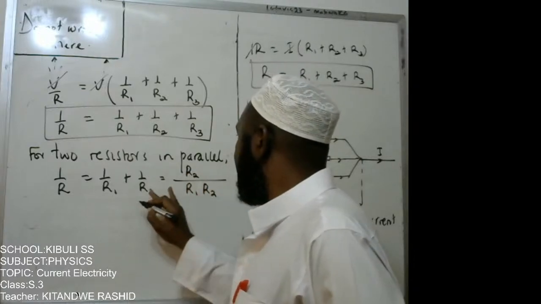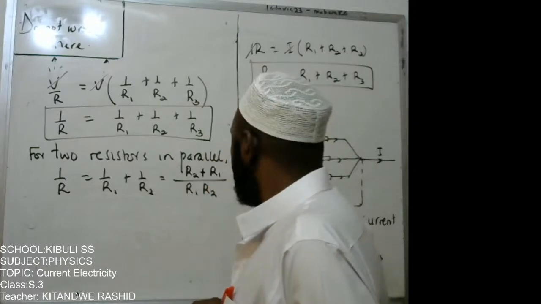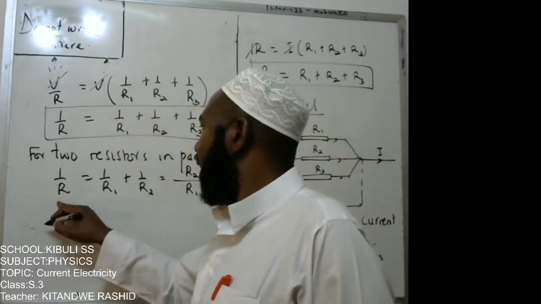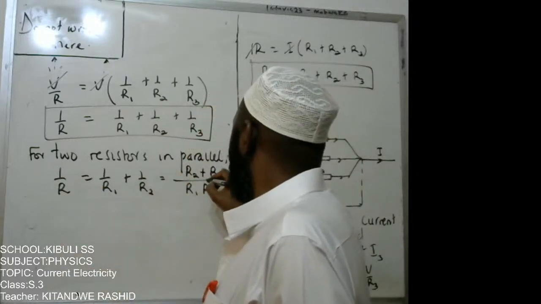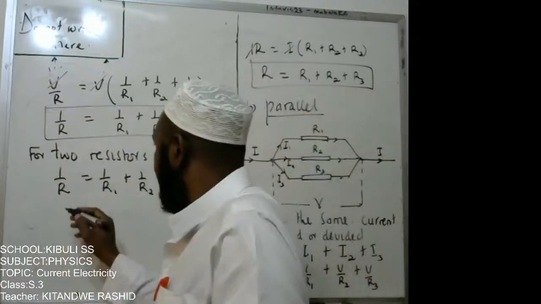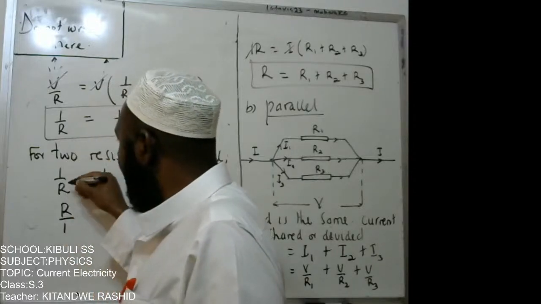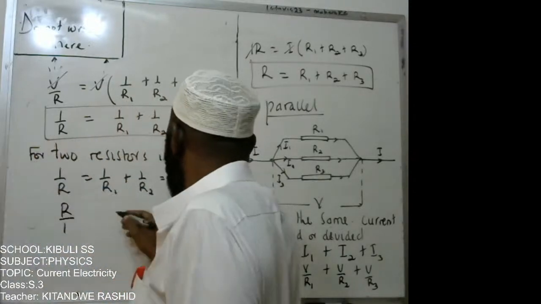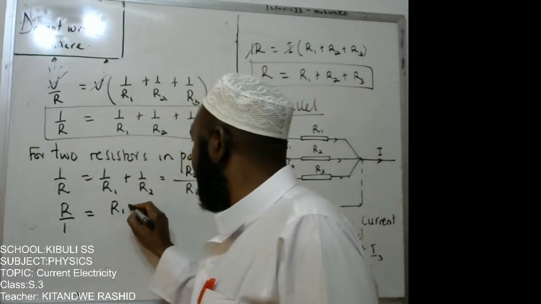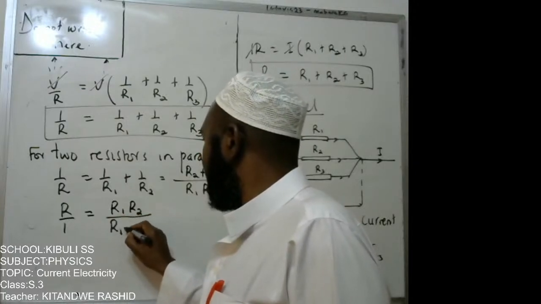The whole of this divided by that, we get R1. So, 1 over R is equal to R2 plus R1 over R1 R2. If we make the inverse, R over 1, meaning that what was the denominator turns out to be the numerator, and the numerator turns out to be the denominator.